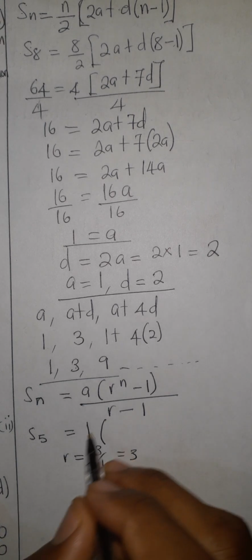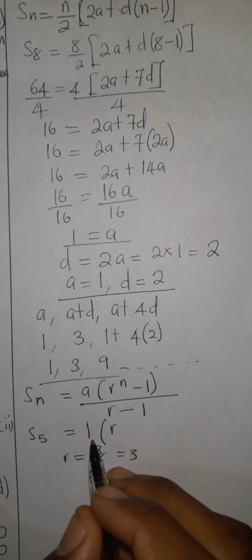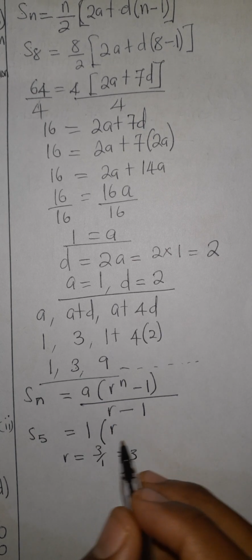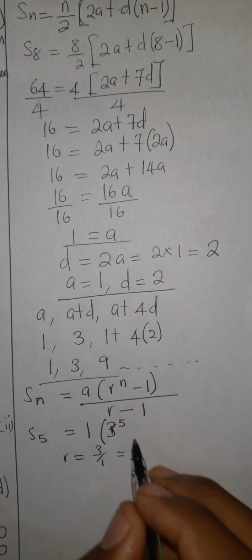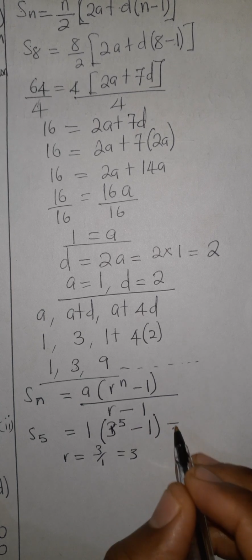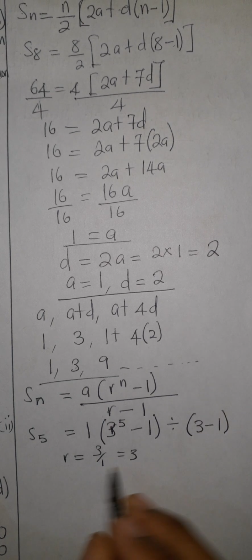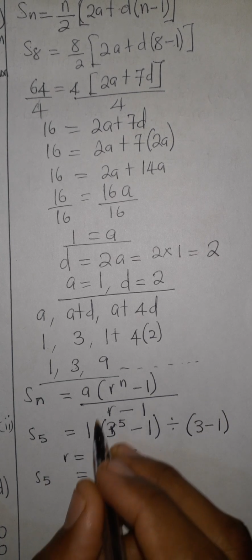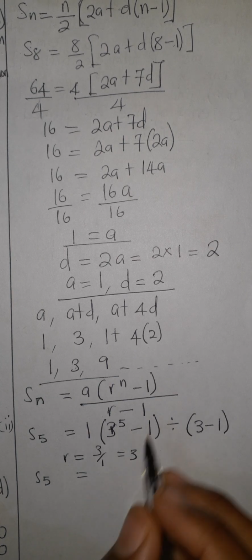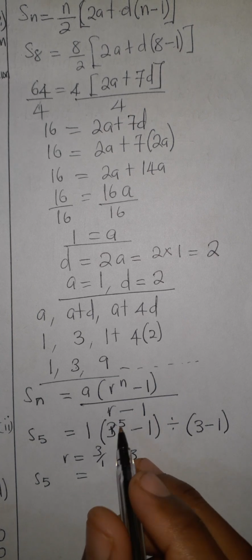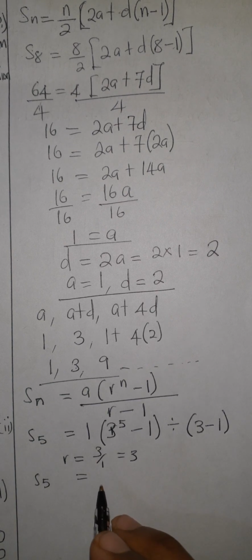So we put r here, which is 3. Then n is just 5, this one minus 1, the whole of this divided by open bracket, r we have said is 3, minus 1. Then the sum of 5 terms is equal to 1 times, we find 3 to power 5, which is equal to 243.